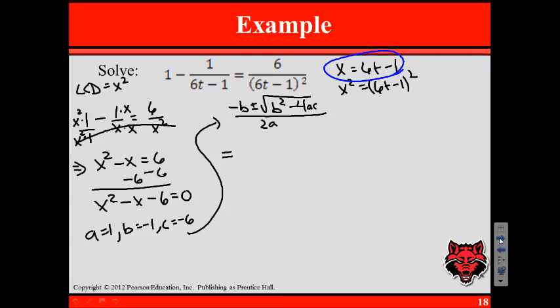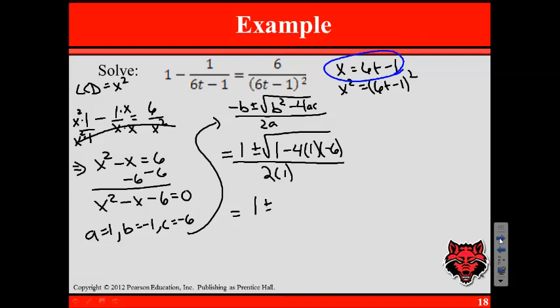But that being said, plugging in for a, b, and c, we get 1 plus or minus the square root of negative 1 squared is 1 minus 4 times a times c, so 4 times 1 times negative 6, all over 2 times a, or 2 times 1. We continue to work it out.